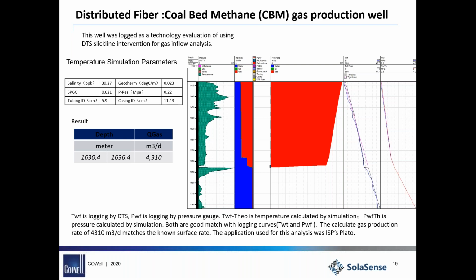And in this case, they've got a calculated rate of 4,000 meters cubed per day, which matches the surface rates that they've recorded in the well. And we've got from the distributed data a good idea of which intervals are contributing to that flow.